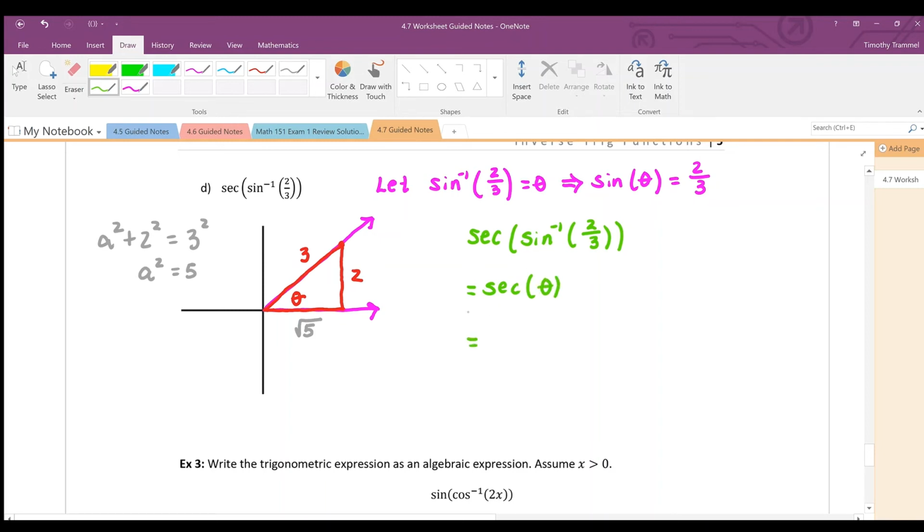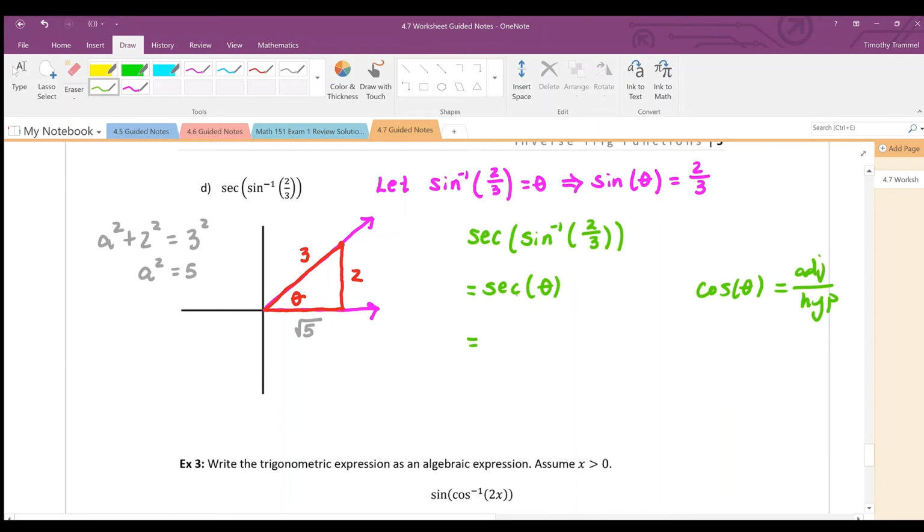And all 6 of our trig functions are positive in the first quadrant, so I don't have to worry about the sign here. I just need to compute secant of theta. Remember, secant of theta is the reciprocal of cosine theta, which is adjacent over hypotenuse. So what we want is hypotenuse over adjacent for secant.